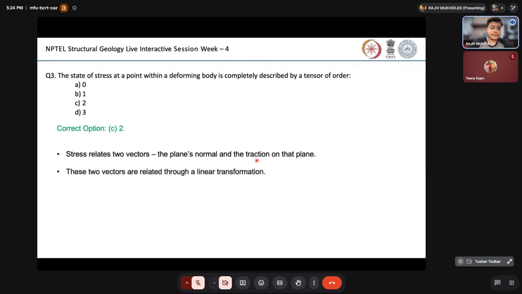And if we just consider these two directions, to relate these two vectors to the stress, I mean, if we just need to add up the magnitude of the resultant stress with these two vectors, we generally do that via a linear transformation. That's how the 3 by 3 matrix comes into the picture.